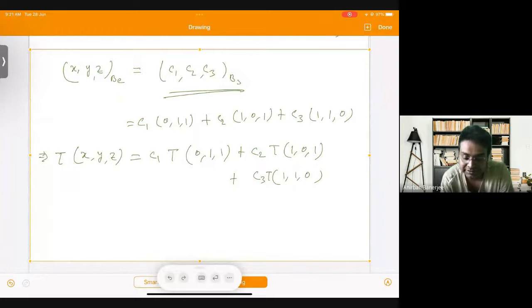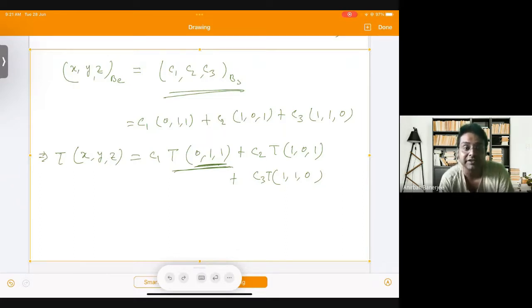Now, the next problem is how to figure out this one. We have to figure out the value of this one. That means if we apply the linear transformation on this vector, the coordinates of this vector are given with respect to the standard basis.